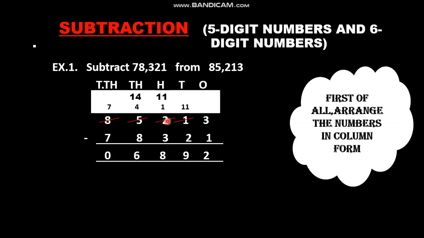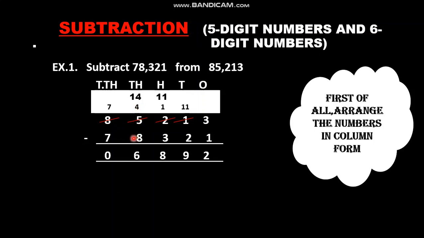Now here what is left? It is 1. Again we cannot take away 3 from 1. So we are going to borrow 10 from here, that is from the thousands place. So what will be the number here? It will be 10 plus 1, 11. Now 11 minus 3 is 8. So what is the number left here now? It will be 4.